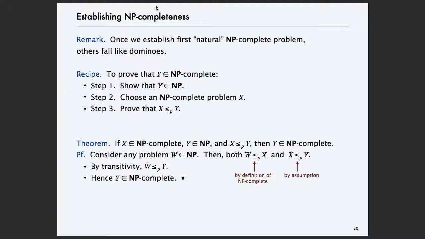If you know that X is NP-complete, to prove that Y is NP-complete, you just show that Y is in NP, choose a problem X in NP-complete, and prove that X reduces to Y. So that would show you that Y is NP-complete. So every other problem in NP could be transformed to X, and since X reduces to Y, it could also be reduced to Y. Does this make sense?